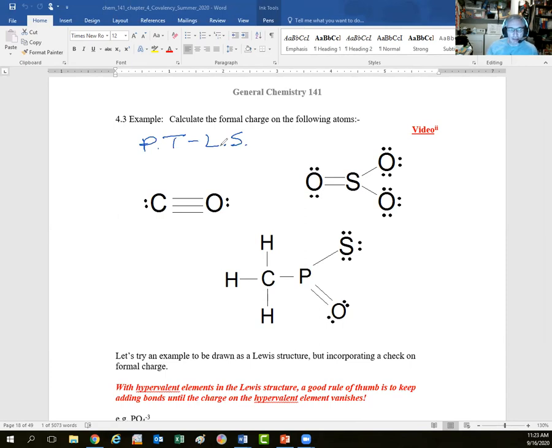This is the number one thing that trips people up in chapter 4. Be clear between the total number of electrons the element can see as it's looking for an octet, and then just the electrons which belong to that atom as we're counting for formal charge. Take a couple of minutes and then we'll come back to this.